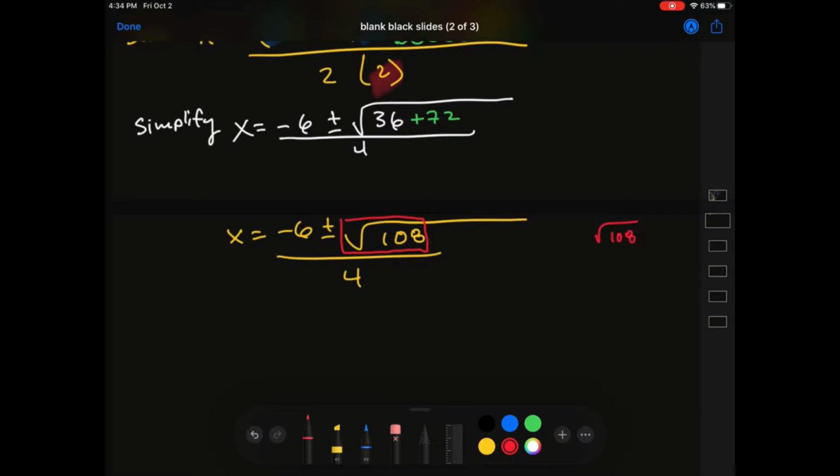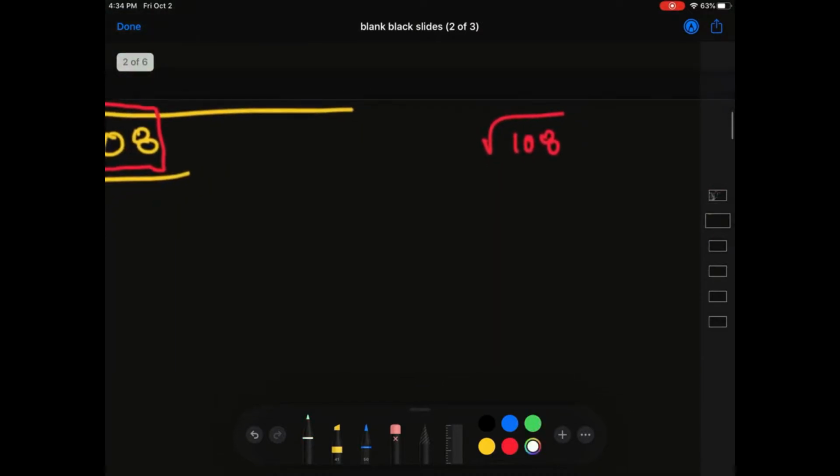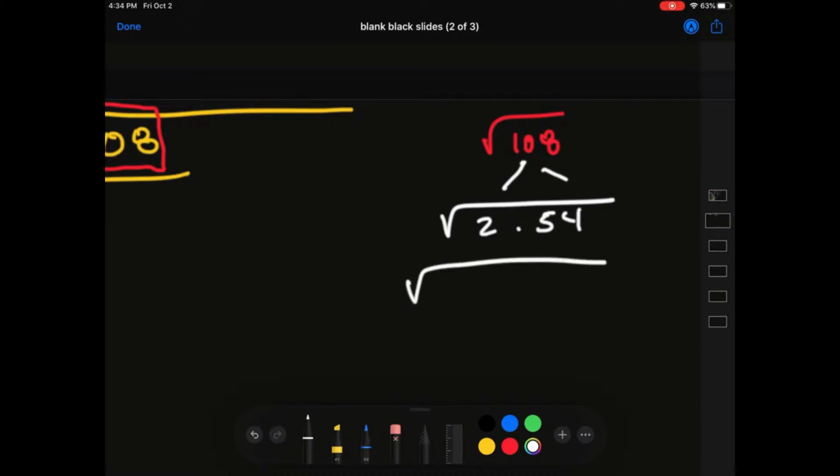Some of you have done this thing called the factoring tree. I don't know if you remember this thing. With the factoring tree, you just keep breaking them down by 2's, right? 2 times 54. And then you have 2 times 27.